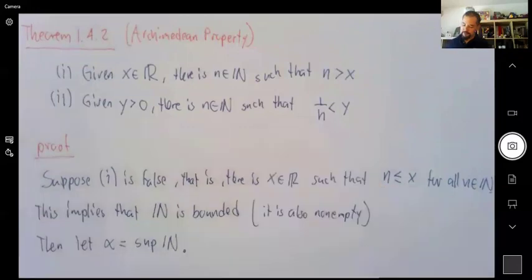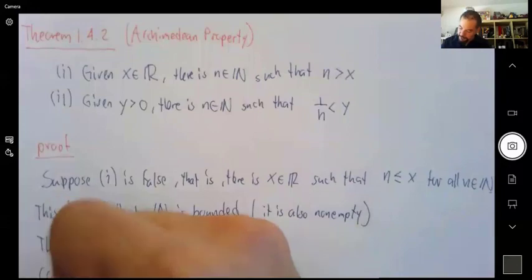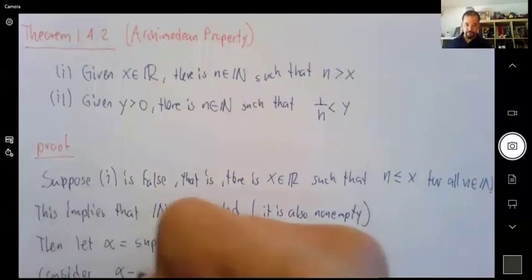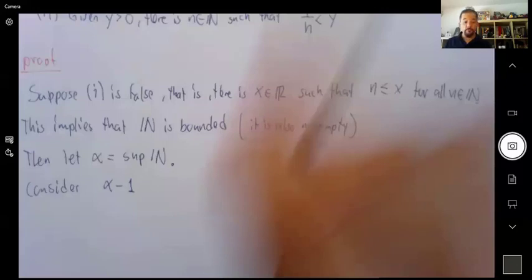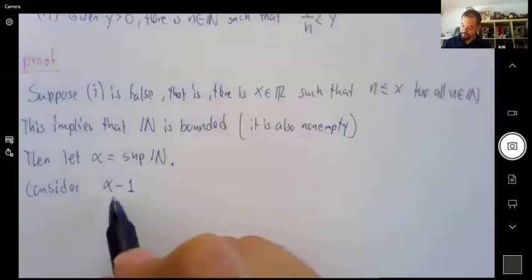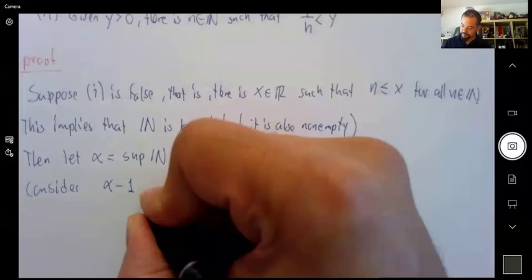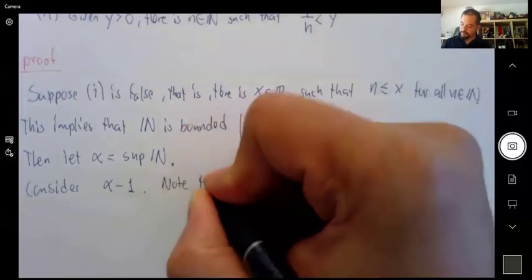Okay, so then what? Well, let's consider alpha minus 1. If we take away 1, that number is smaller than alpha. Of course, right? We're subtracting 1 unit.